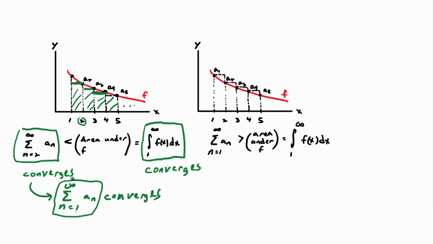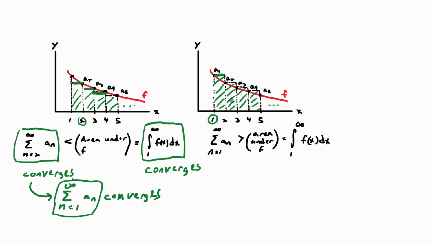Now, we can create these rectangles differently. If we plug in left endpoints, then we get the height of this rectangle, and the area of this rectangle for that matter, since the width is 1 on each one, is a1, because I plugged in the left-most value here. Likewise, the height and area of this rectangle is a2, and so on and so forth.